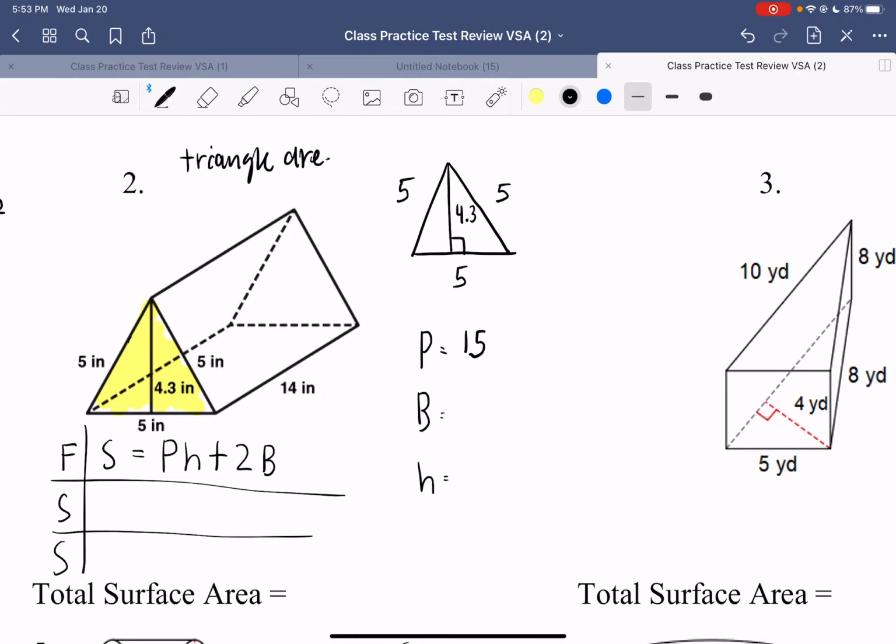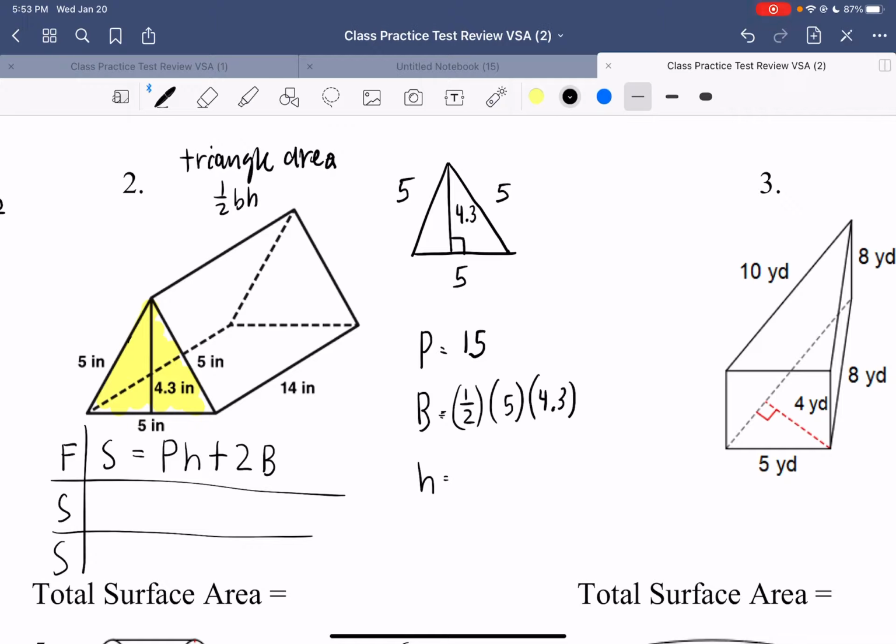Area is 1/2 base times height. So what we'll do is take 5 and 4.3. So I'm going to just say 1/2 times the base, which is 5, times the height, which is 4.3.